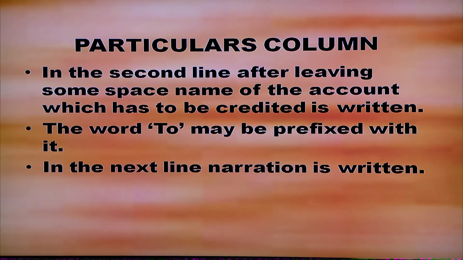In the second line, after leaving some space, name of the account which has to be credited is written. The word 'To' may be prefixed with it. In the next line, narration is written, that is brief explanation of the transaction.